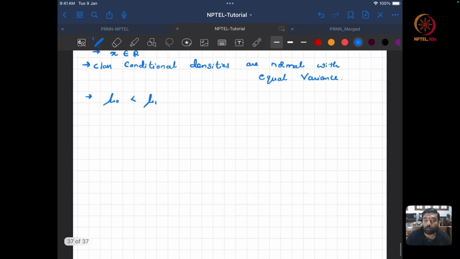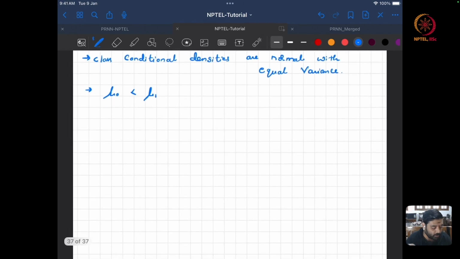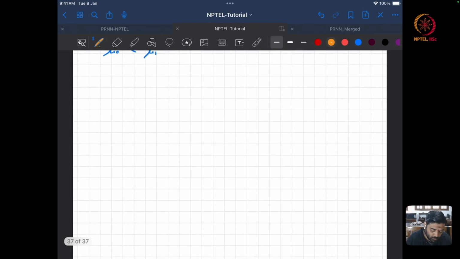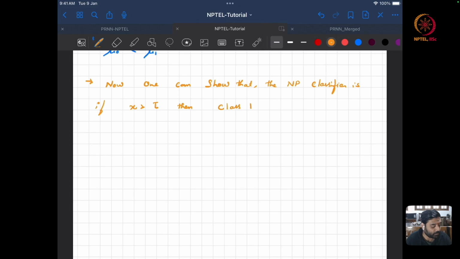So what is it that we want to do? We want to come up with a threshold. One can show that the NP classifier is: if x is greater than tau, then I'll say that it's class 1.